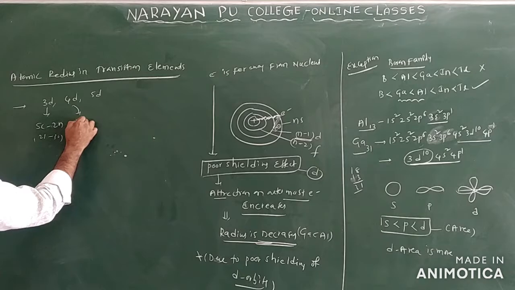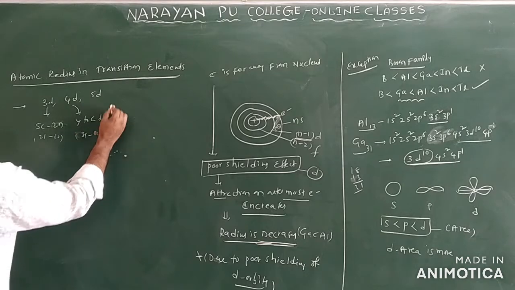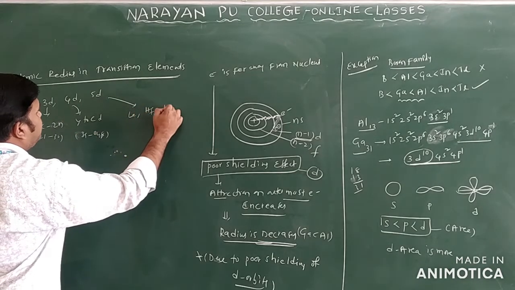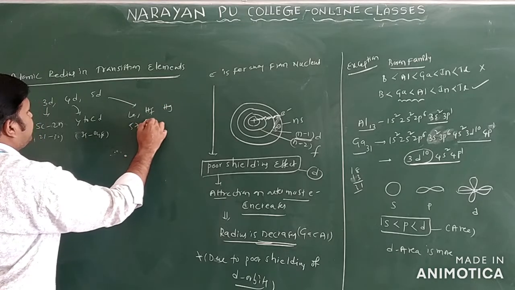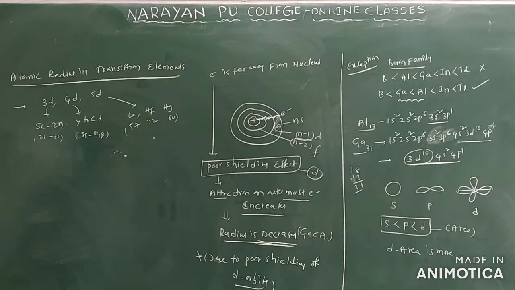Here 4d we have yttrium to cadmium, 39 to 48, and 5d we have lanthanum, hafnium and mercury, 57, 72 and 80 only. So these are the 3d, 4d and 5d series elements.